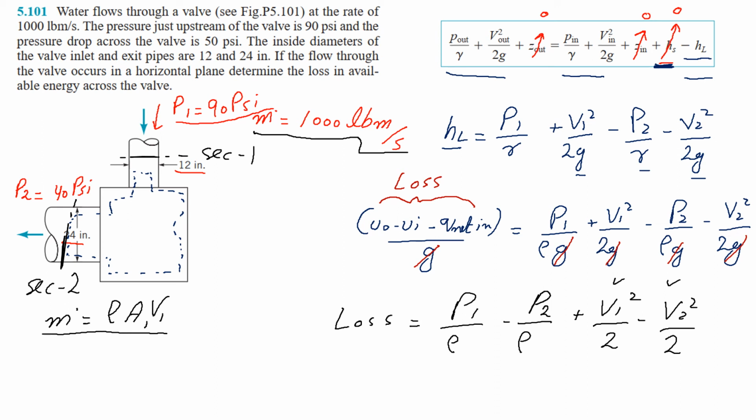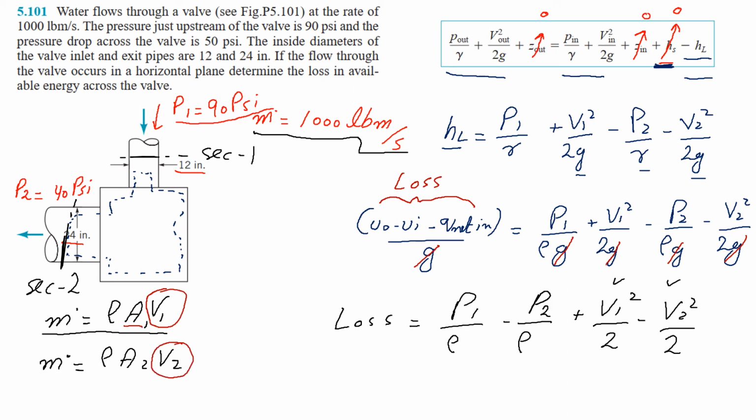I can put the value of the area as pi by 4 D1 square, and the standard value of density of water, and the mass flow rate is already known to be 1000 pound mass per second. So I can find V1 from this equation, and from the same equation, by putting A2 and V2, I can find my V2. So using these equations I can find my velocity V1 and velocity V2.